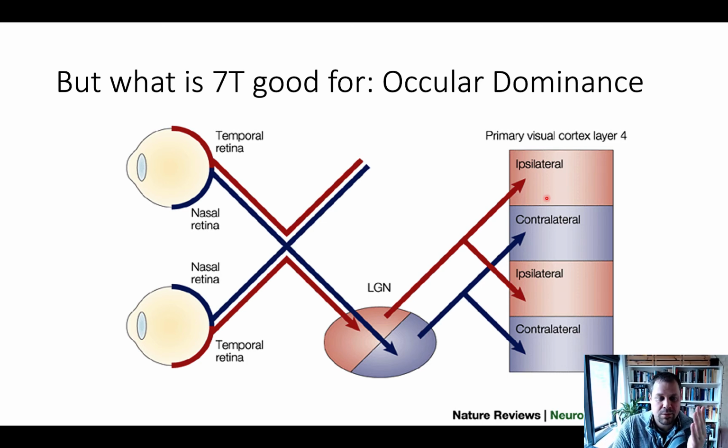So let's say we're in the left hemisphere and we're getting left eye input. So this would be the left eye. Then this would be a column that responds preferentially to the left eye in the left hemisphere. So that's where there is no crossing over of the optic fibers, right?